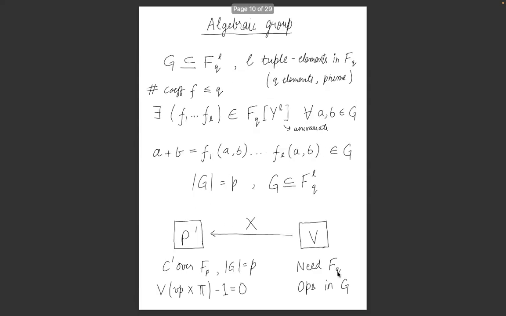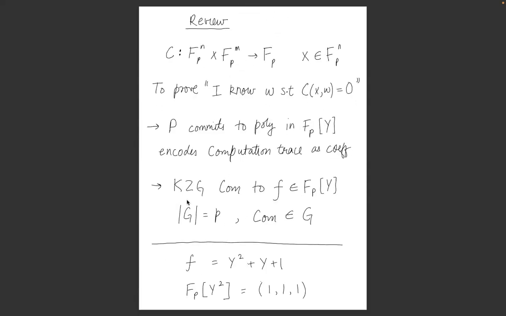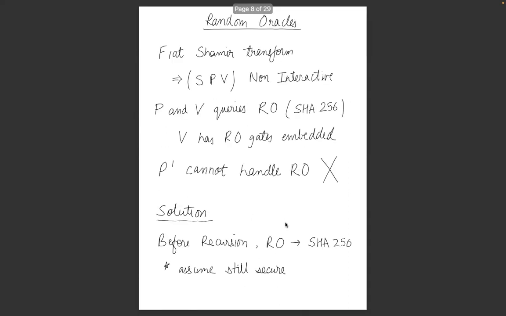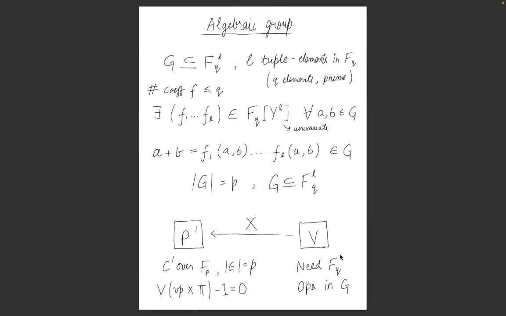So this is the issue. The circuit of prover P is defined over FP, and since this circuit is defined over FP, we need a group of order P. But the verifier will do some operations in G, and that's why the verifier circuit will be over FQ.